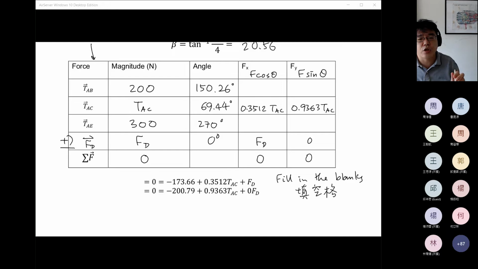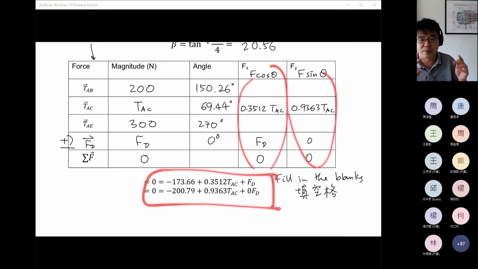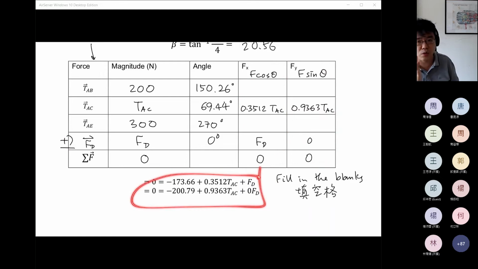I mentioned if we have problems involving equilibrium, you must write summation F equal to 0. After you prepare this table, of course we have two equations, and you are very happy and write these two equations. But please do one thing.